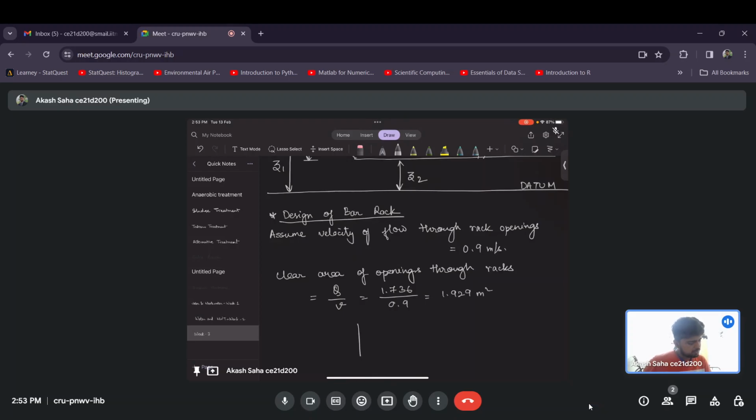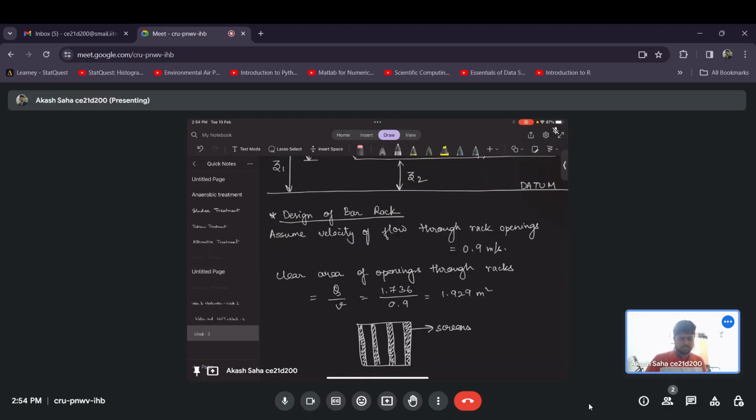So suppose this is my cross-sectional area of my screen chamber, and these are my screens.